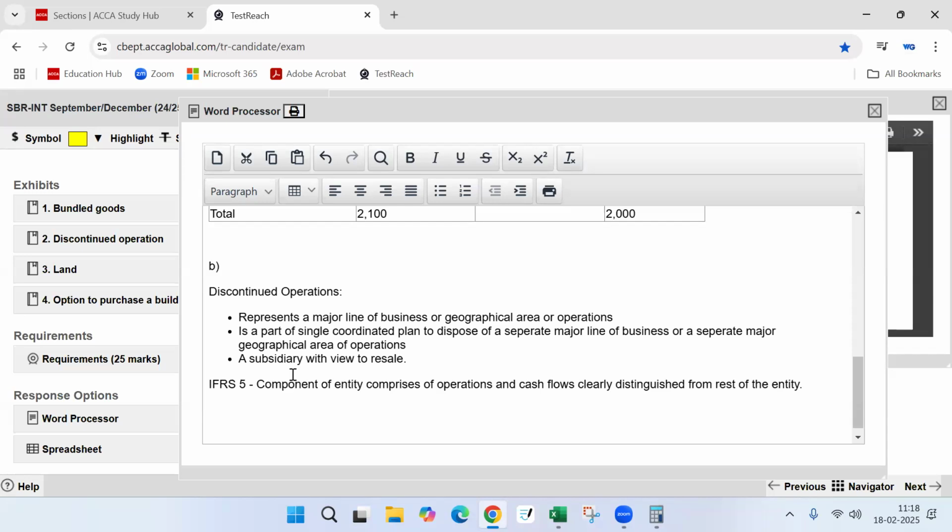And the component of the entity must be a reportable segment, reporting unit, a subsidiary, or an asset group.